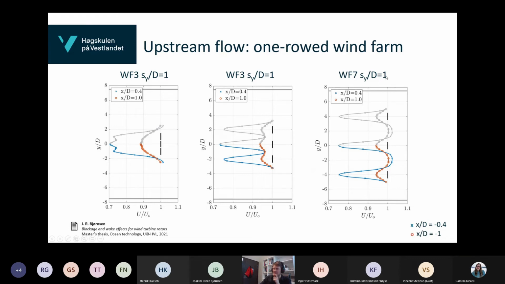For the highest separation distance, here it should be a 2 and a 4, we see that those upstream velocity profiles are more or less independent, that they have a very similar shape, both at 0.4D and at 1D upstream, and that they're Gaussian, and in between the disks we actually get a little bit of a speed up effect, and those zones don't really merge.